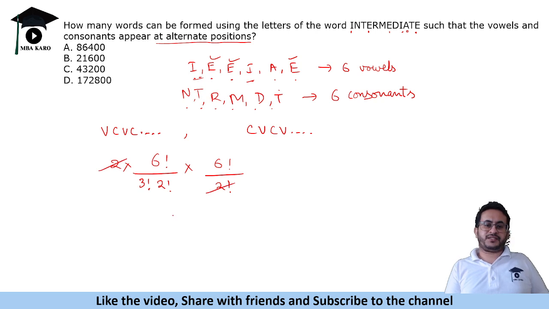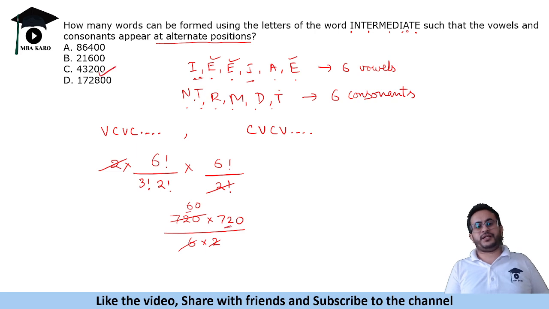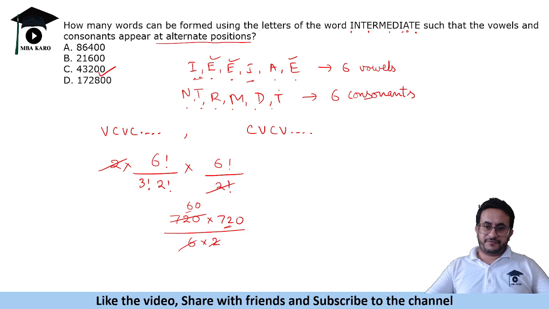We will have 6 factorial is 720. This is also 720, and this is 6 into 2, so we will get 12, that is 60, and 720. So that will be double zeros. 72 into 6 will get 43,200 ways.